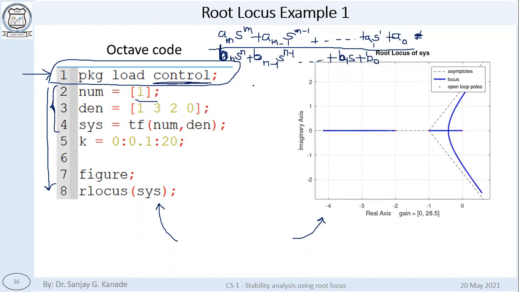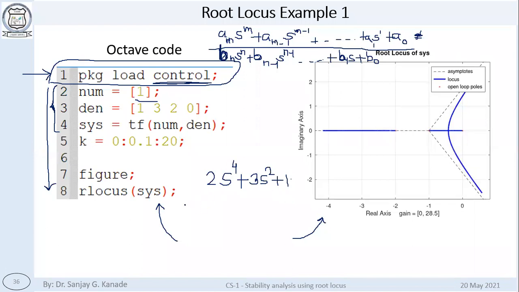So we have to provide the values of these coefficients only: a_m, a_(m-1), a_(m-2), up to a_1, a_0. If some coefficient is missing, for example, if there is a term like 2s raised to 4 plus 3s squared plus 1, how do you take the coefficients?